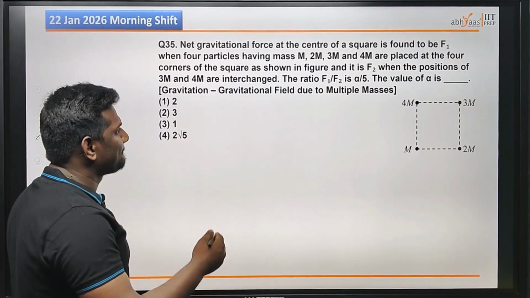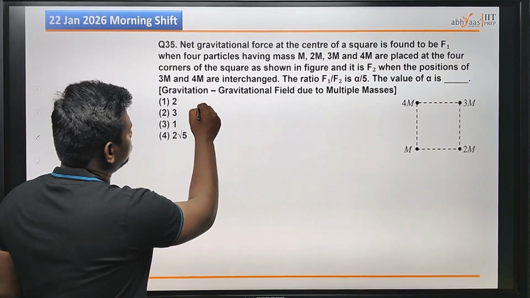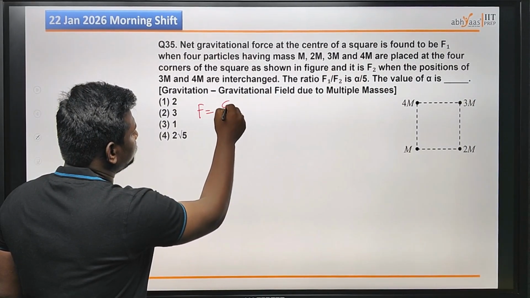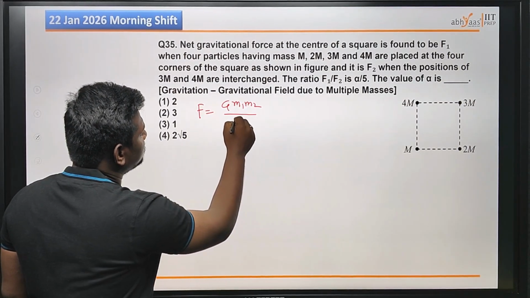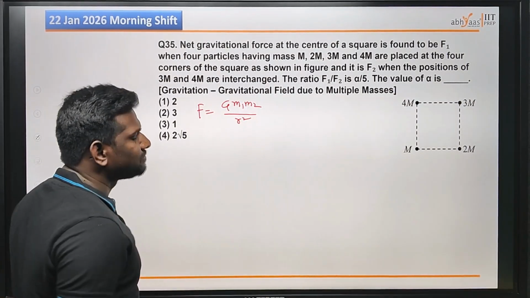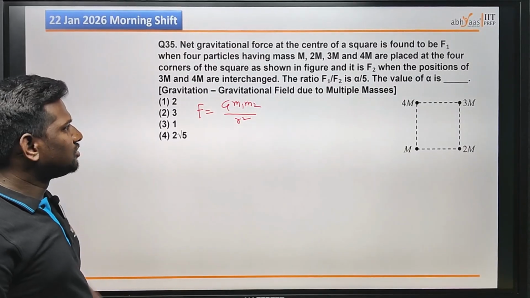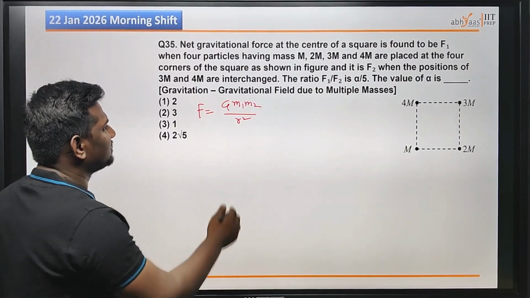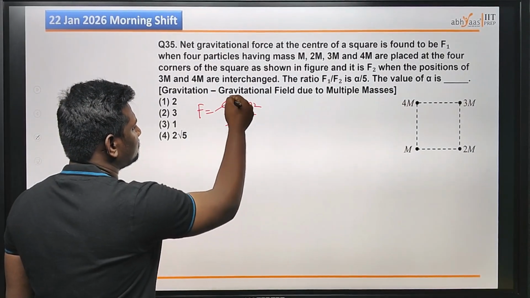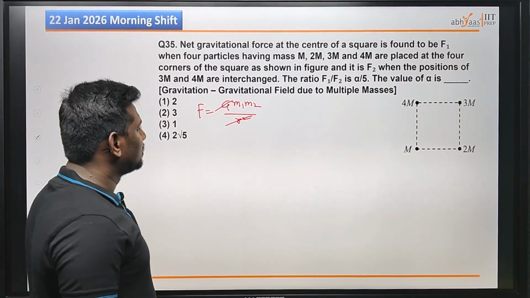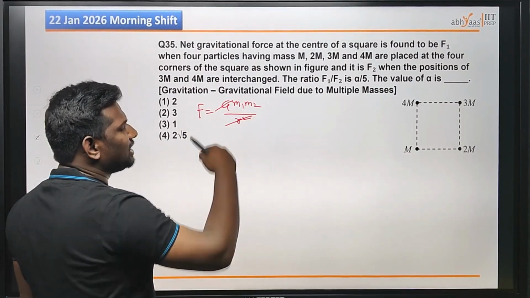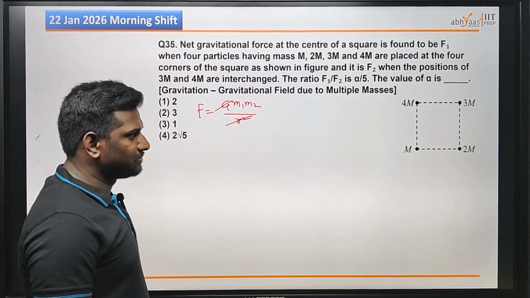So see here. F can be written as G m1 m2 by r square. So for the ratio, we can cancel this r square and G. We are taking the ratio, that's why we are only focusing on the masses.